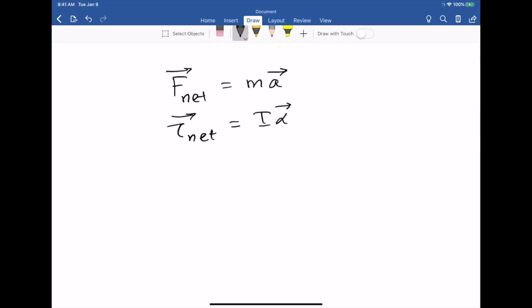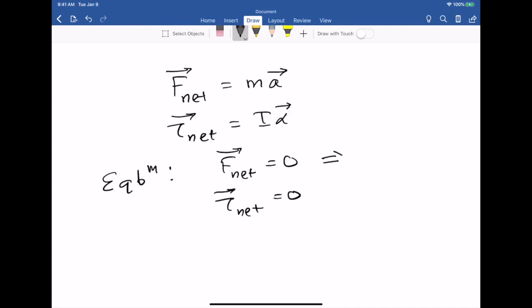Now, equilibrium means that F net equals 0 and tau net equals 0. F net equals 0 implies from Newton's second law that the acceleration is 0, and tau net equals 0 means that the angular acceleration is 0.